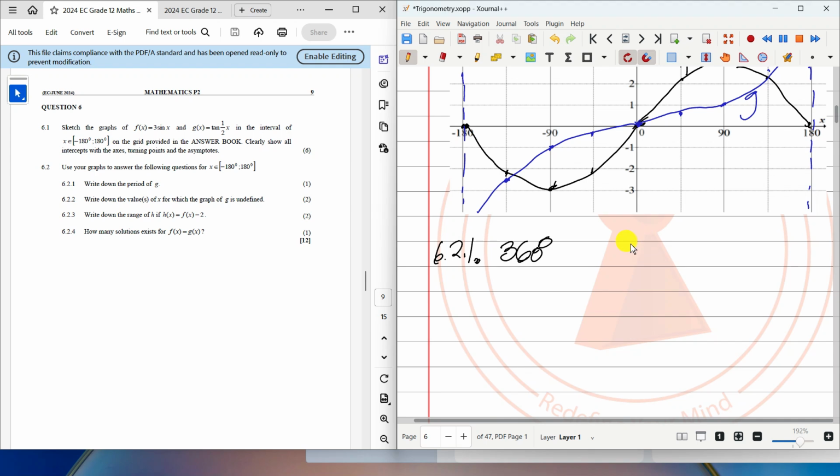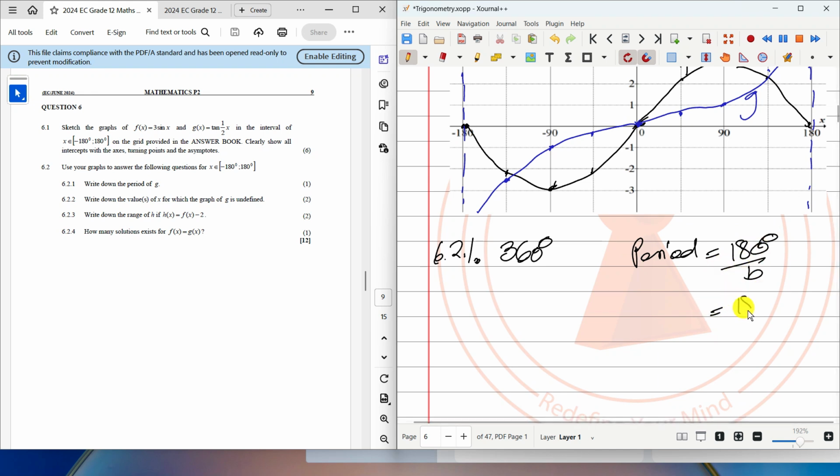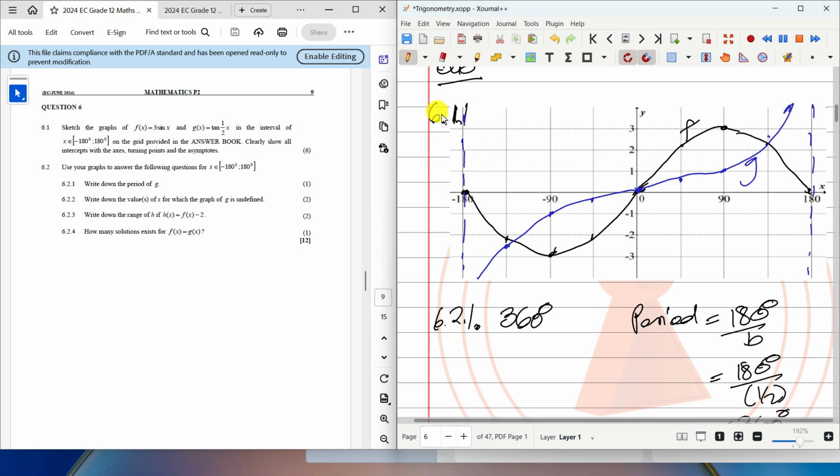If you do not know how we got that, we say period for tangent is 180 degrees over b. So the b is half. Then this is why we say it is 360 degrees. Or you can just look at the difference between your asymptotes. The difference here is 360 degrees, from negative 180 degrees to positive 180 degrees. That's how you spot this.